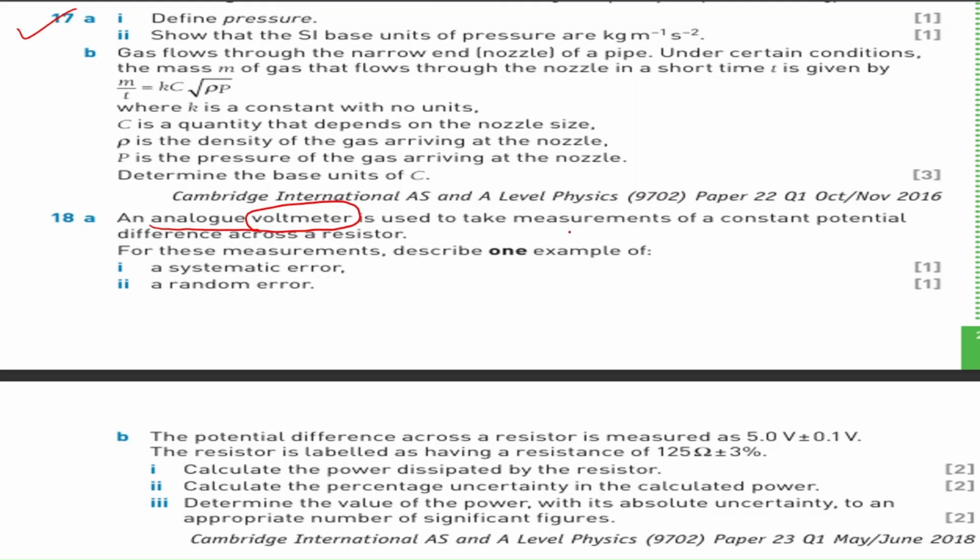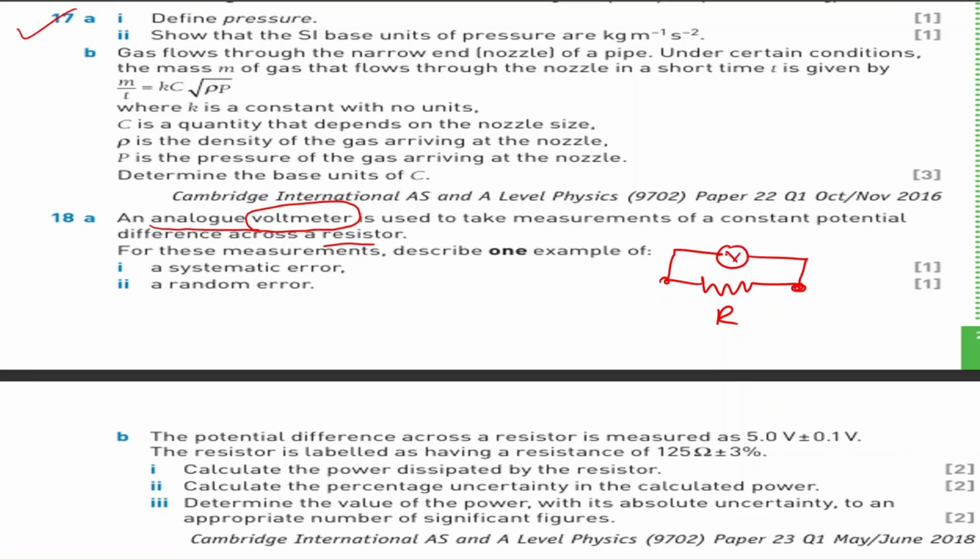It is used to take a measurement of a constant potential difference across the resistor. That means if you have a resistor here and you want to find the voltage or potential difference between these two points, you just connect the voltmeter in parallel to this circuit.